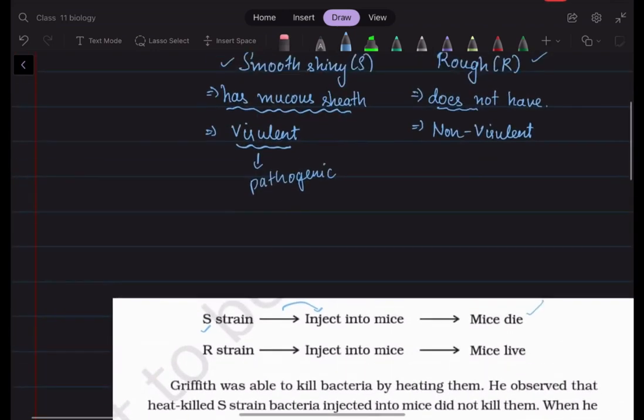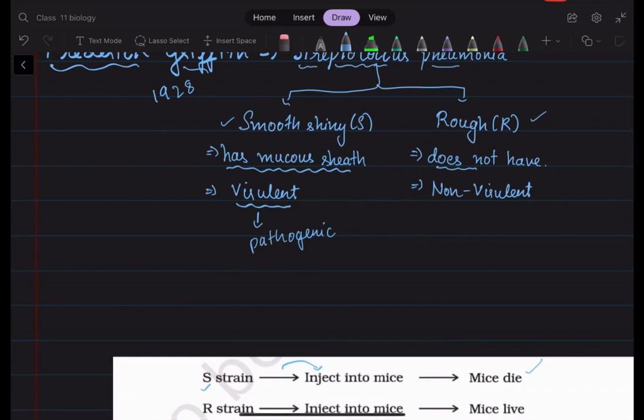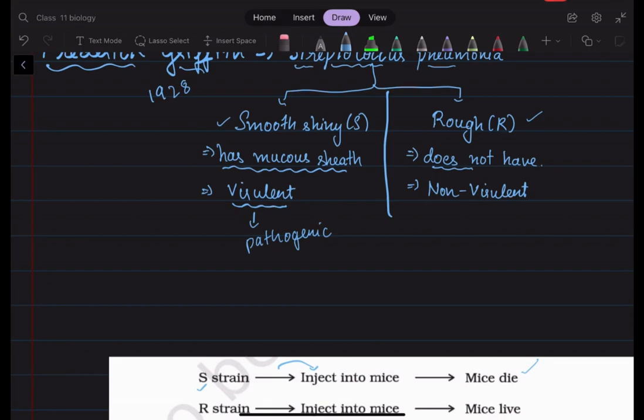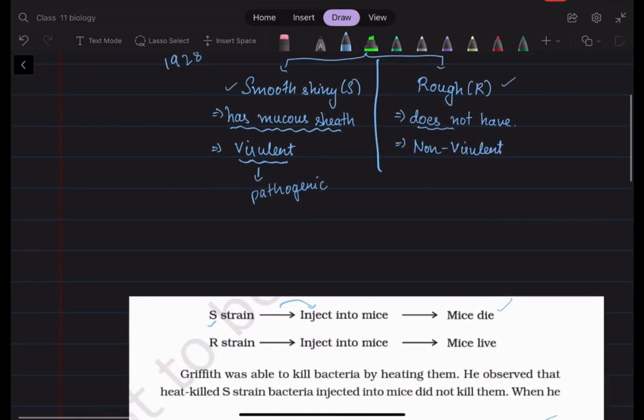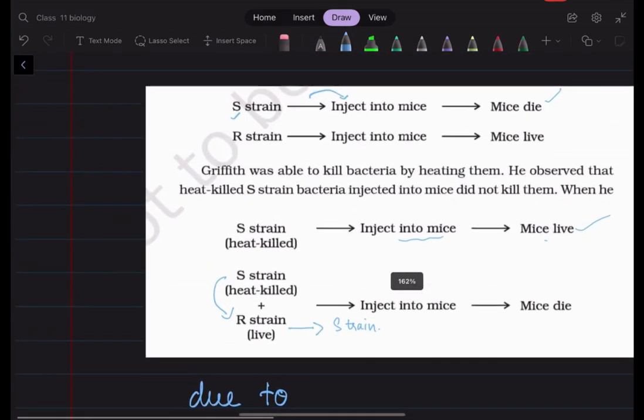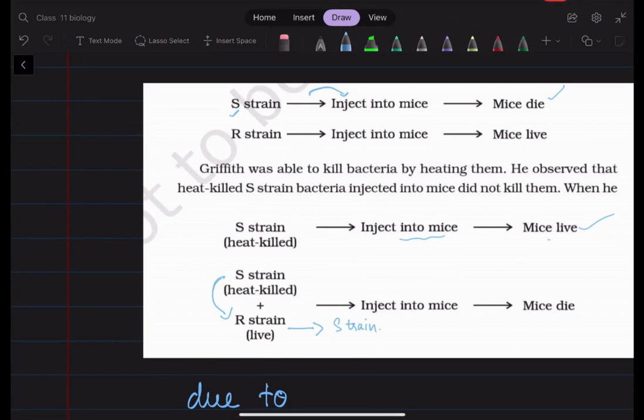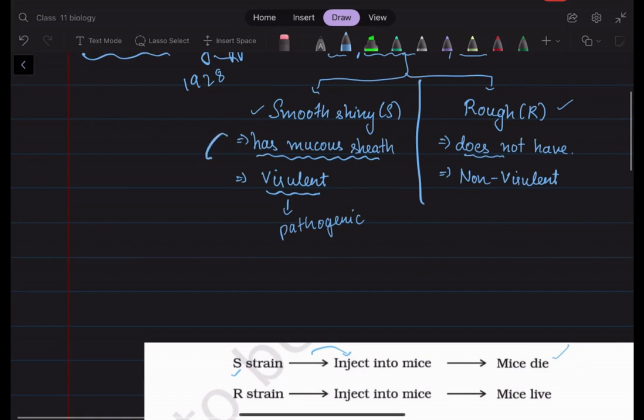So the only difference we know between these two strains is that this one has a mucus sheath and this does not, and this is virulent and this is non-virulent. So something, some gene responsible for these two characters, would have been transferred to the R strain to convert it into the S strain, right?